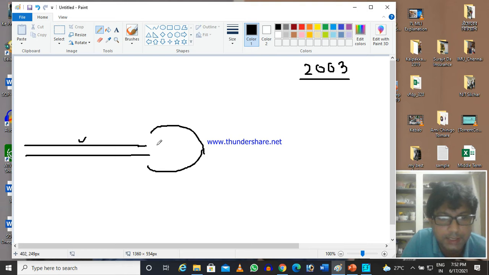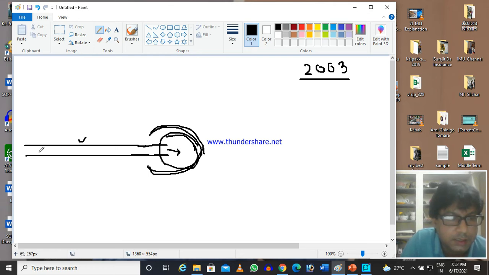It will not be inserted here first. First the molten silicon will be dropped here, then this part will insert and the pressure will apply, and this molten silica will take the mold shape. This is the mechanism.